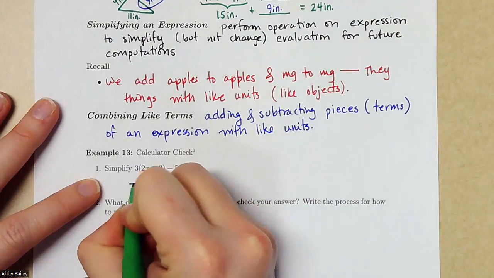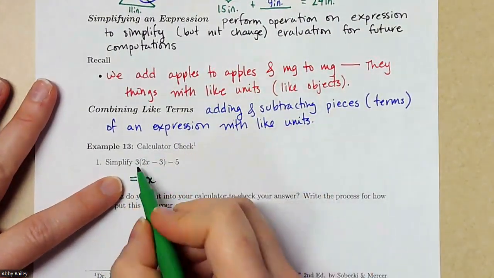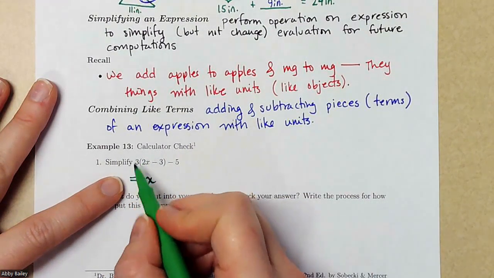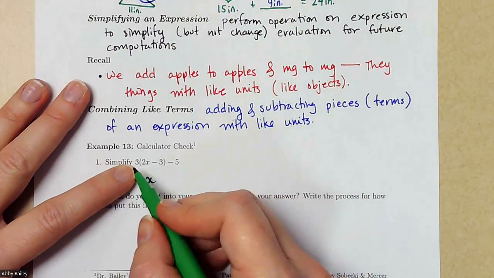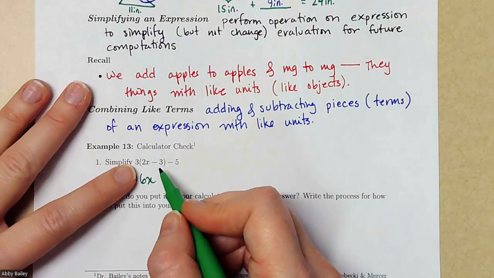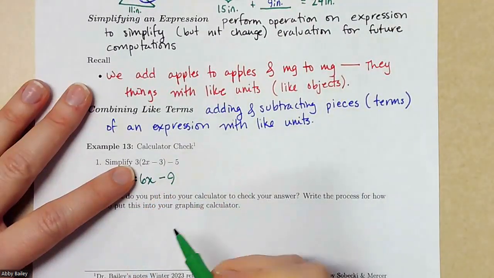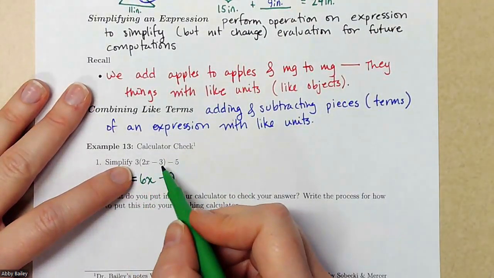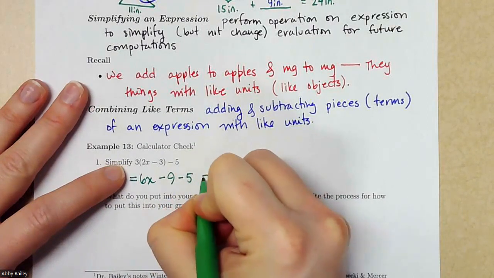So 3 groups of 2x is 6x, or 2x plus 2x plus 2x makes 6x. 3 groups of -3: add together three -3s and you'd be down by 9. So you have a debt of 9, and then also there's a takeaway 5.